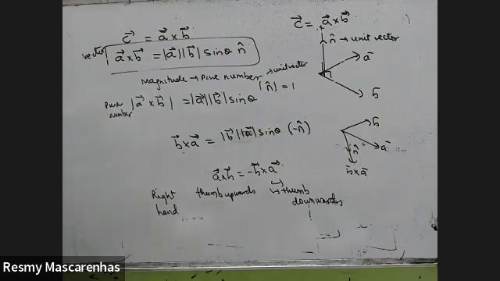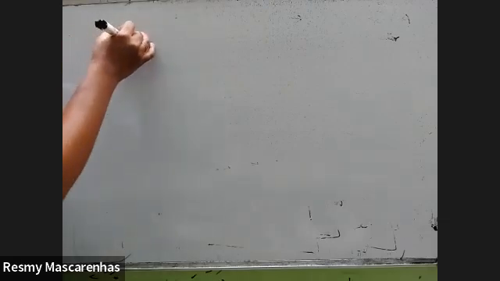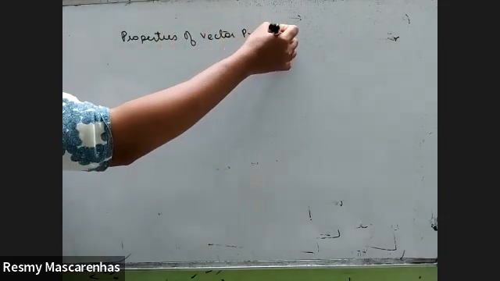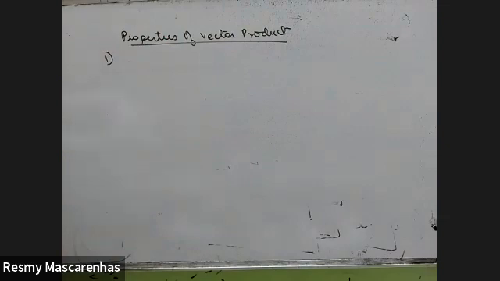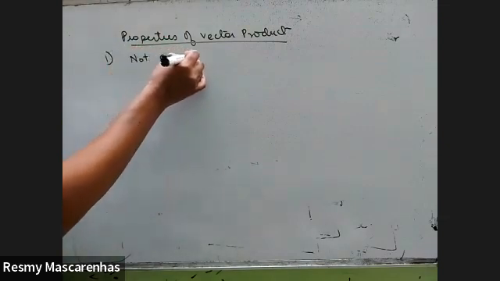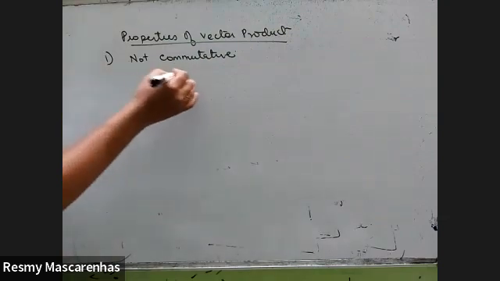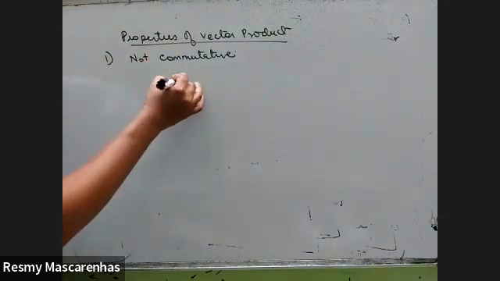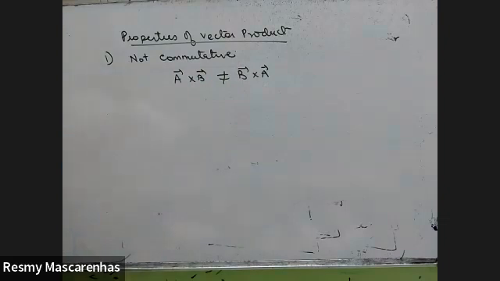So we'll see what the properties of the vector product are. The first one is that it is not commutative. Not commutative means A into B should be the same as B into A. But you know that A cross B is not equal to B cross A, because it is minus.